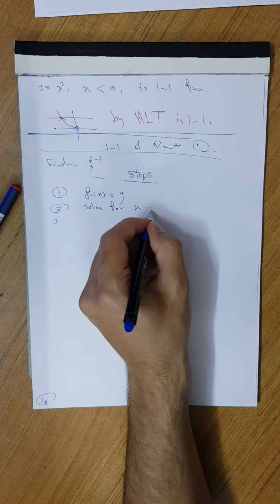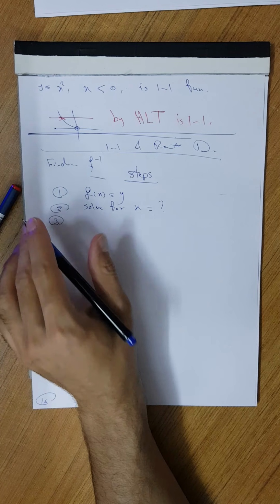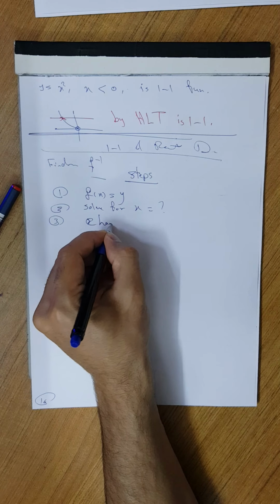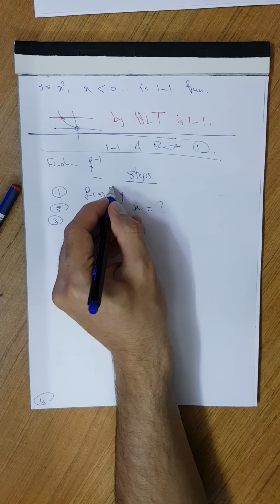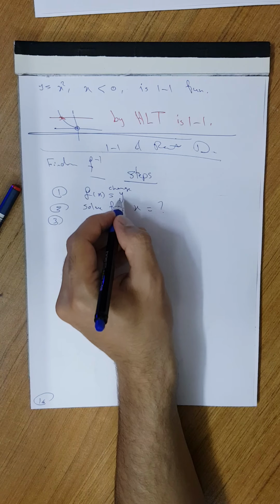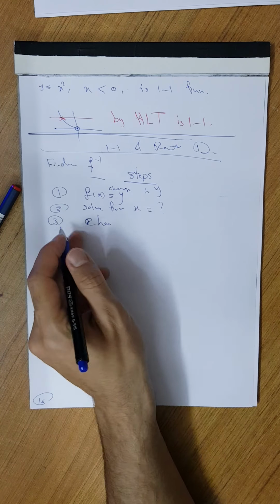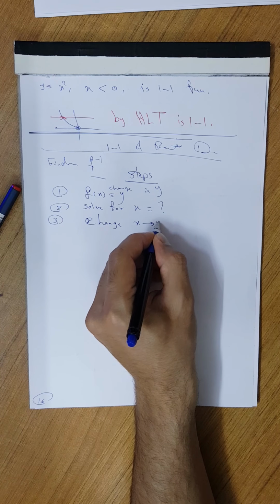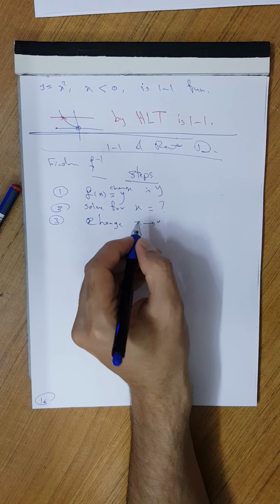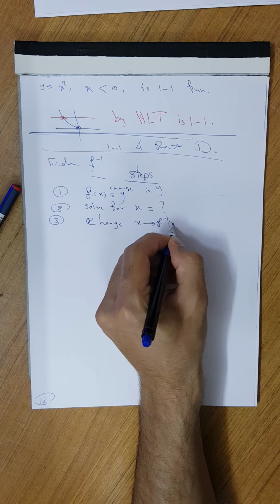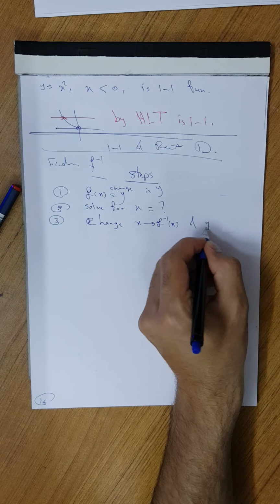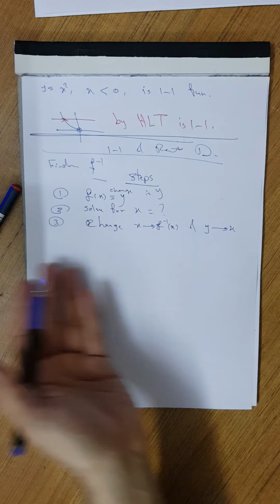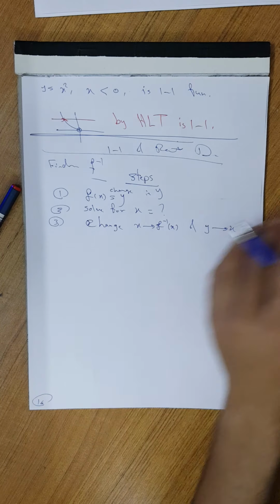And the third, we change x to f inverse of x, and y to x. I know you are asking me about these words, but it's not difficult for you.